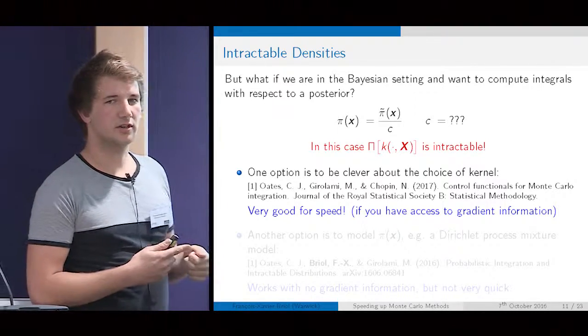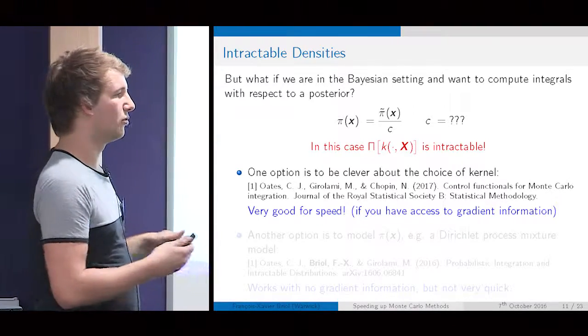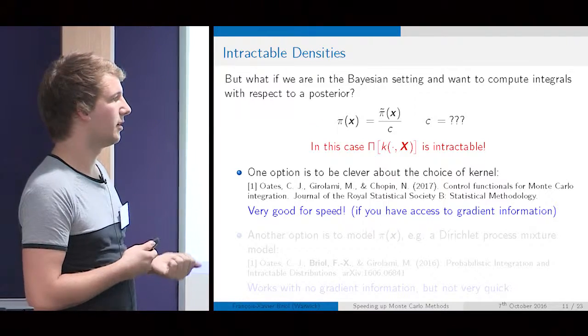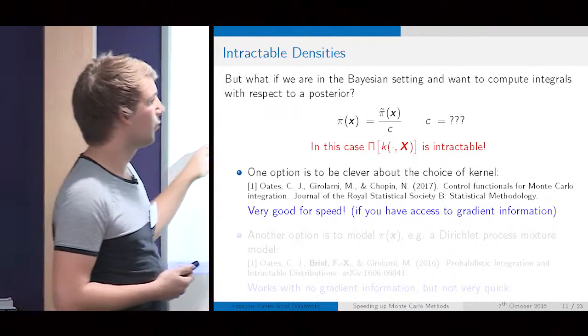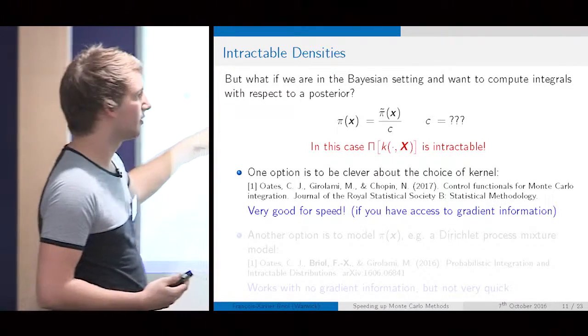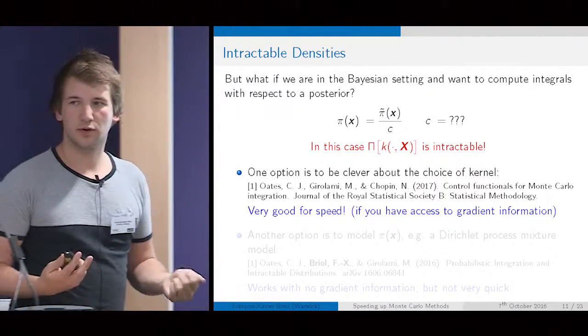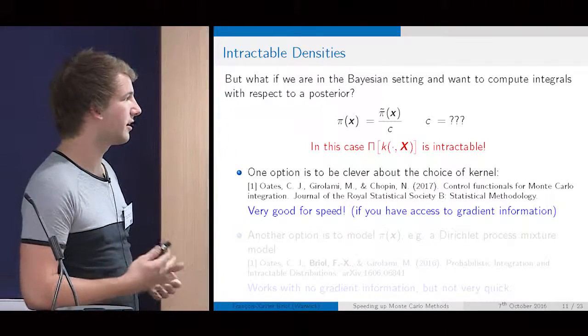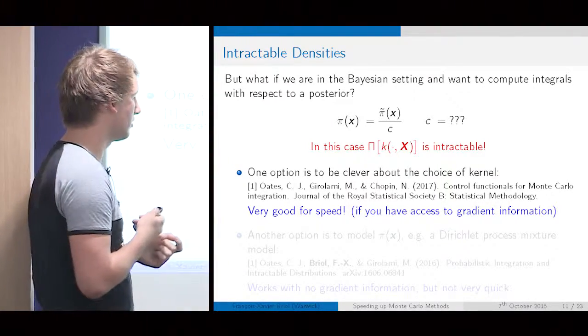Now, this is potentially a little bit more than what you would need for standard MCMC, but a lot of MCMC schemes, such as Hamiltonian Monte Carlo, actually use this gradient. And nowadays, we have a lot of software that can do automatic differentiation, so that's not necessarily a big problem.